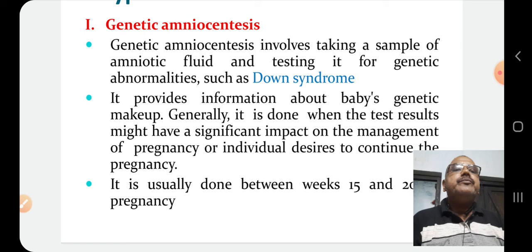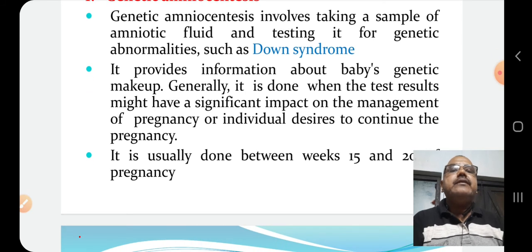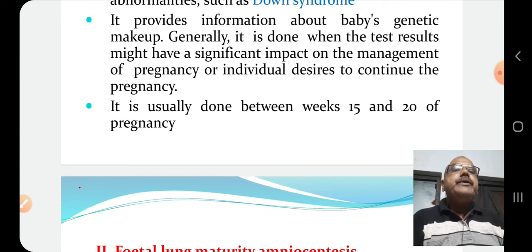It provides information about the baby's genetic makeup. Generally, it is done when the test result might have a significant impact on the management of a pregnancy or the individual desires to continue the pregnancy. It is usually done between 15 and 20 weeks of pregnancy.